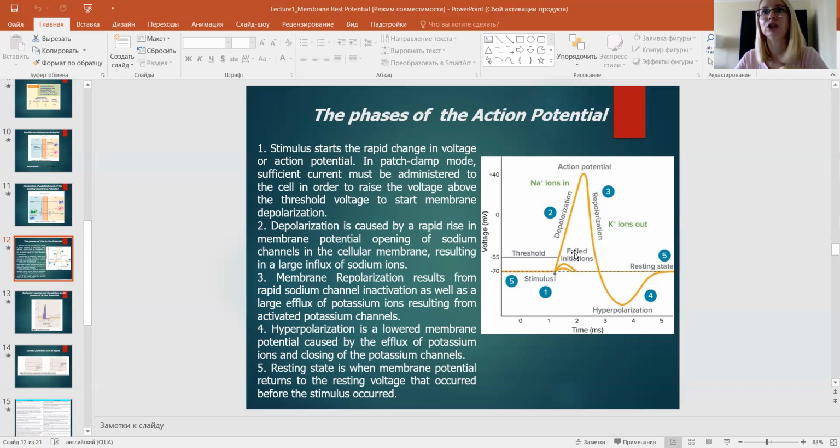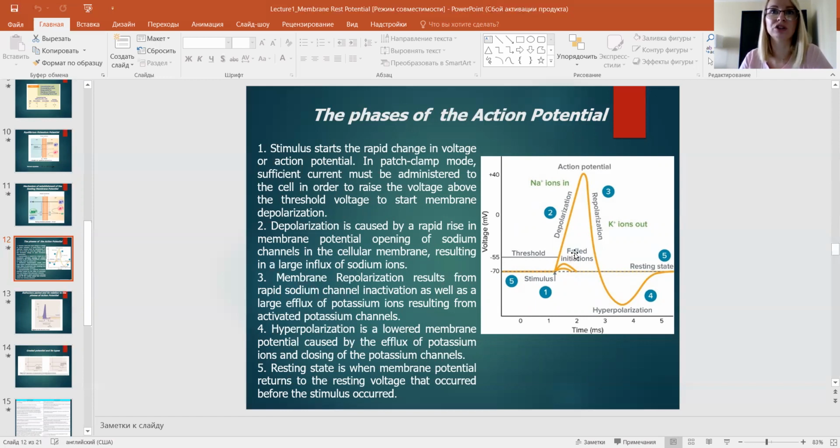Because of a lower density of the sodium channels compared to potassium, the repolarization phase lasts a little longer than depolarization. Voltage-gated potassium channels start closing when the membrane potential returns to the level of the resting membrane potential.